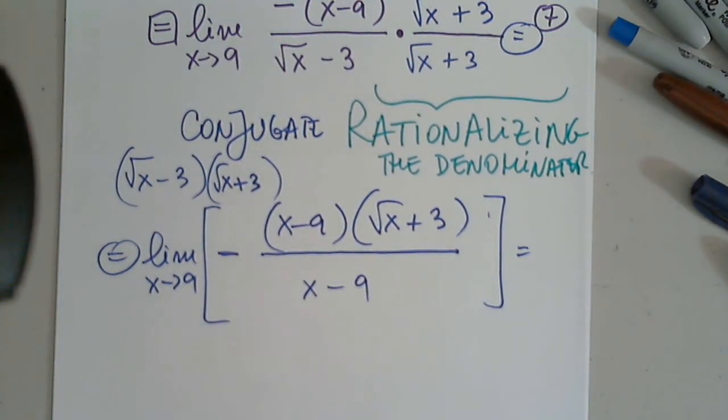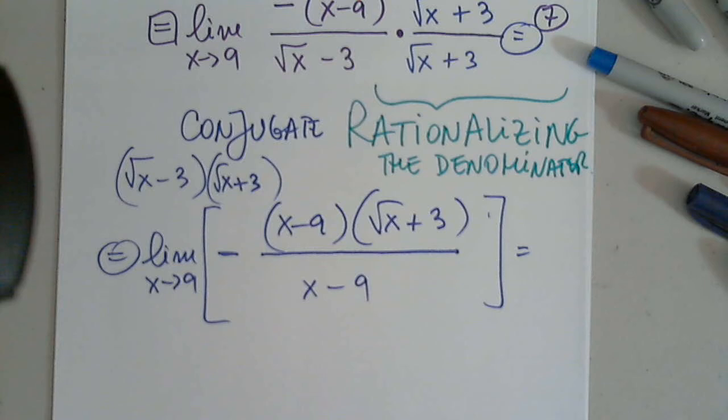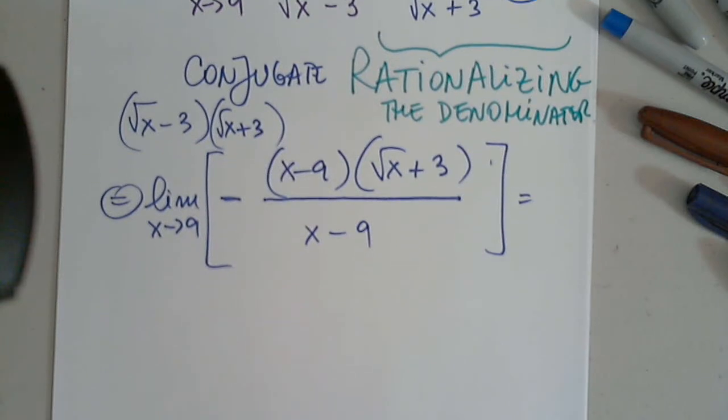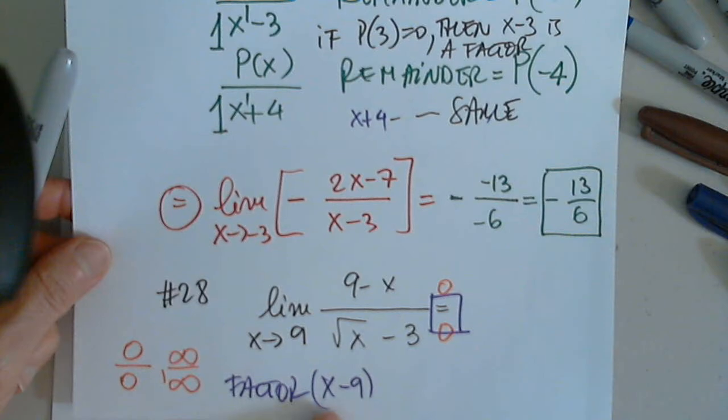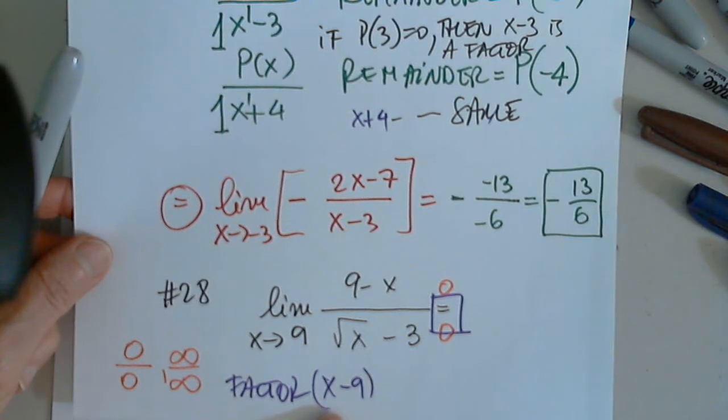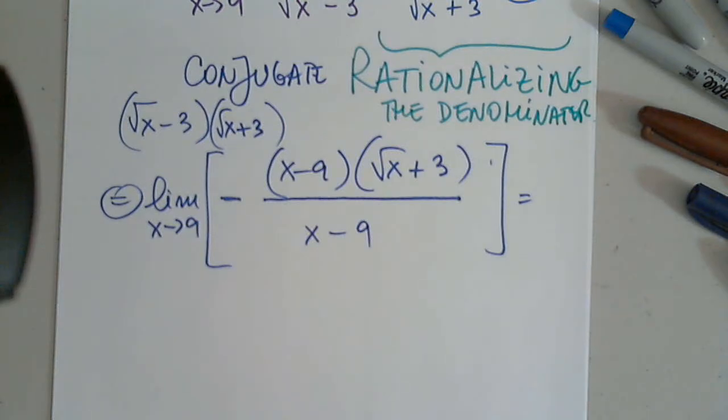And we'll see what happens. Exactly what we expected to happen. Thank you, Alex. So, what did you expect to happen? What was our expectation? To get rid of which factor? x minus 9. That's it. Are we getting rid of it?